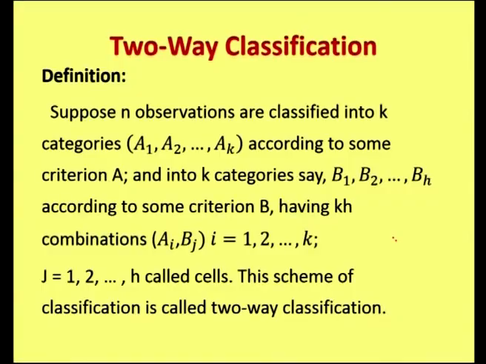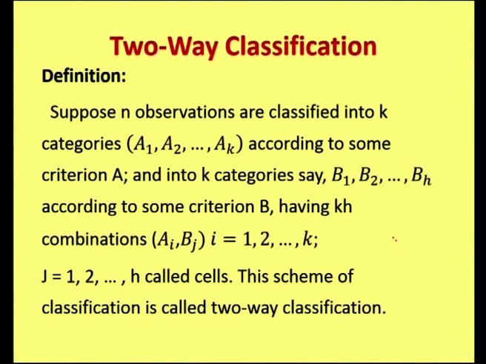Now, we will move on to the next study, that is two-way classification, and here the n observations are classified according to two categories, say 2 factors. Here the categories are A1, A2, up to AK due to A, and another category may be denoted by B, and the categories under B are B1, B2 up to BH.